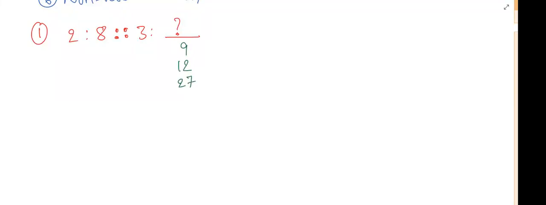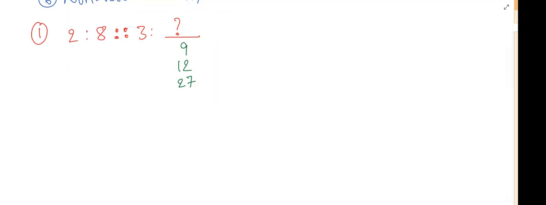Anybody with any more answers? Will 6 come? 6. Do you have logic for 6? No, sir. Then to say any answer, you should have a logic. Sir, of those 3, I told 2 of them. Okay, no issue.